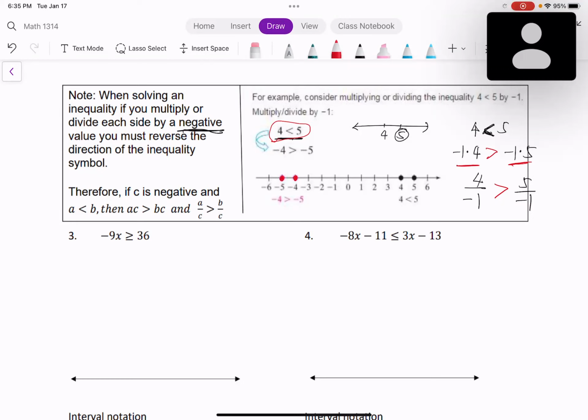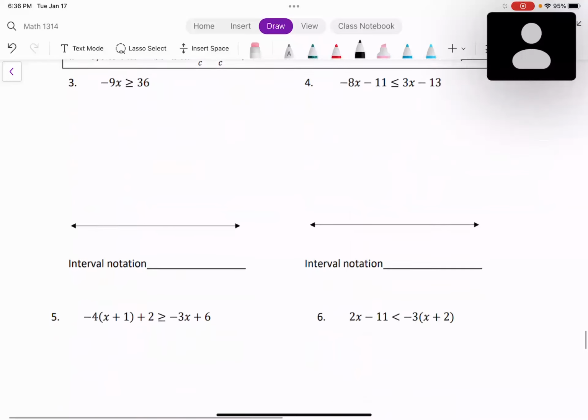So -4 is greater than -5. We proved that here -4 is greater than -5 here. Well, if you simplify this, it's also -4 is greater than -5. Okay, let's see the examples.